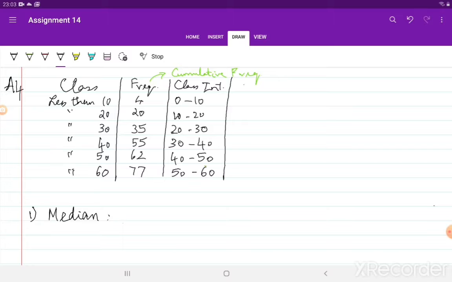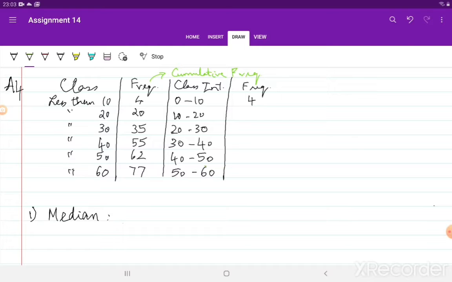But we still need to find the frequency with respect to each class interval, 0 to 10, 10 to 20 and so on. Since there are 4 observations less than 10, you know that there will also be 4 observations between 0 to 10, right?